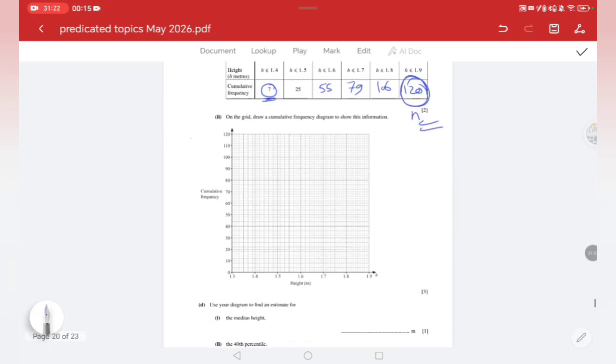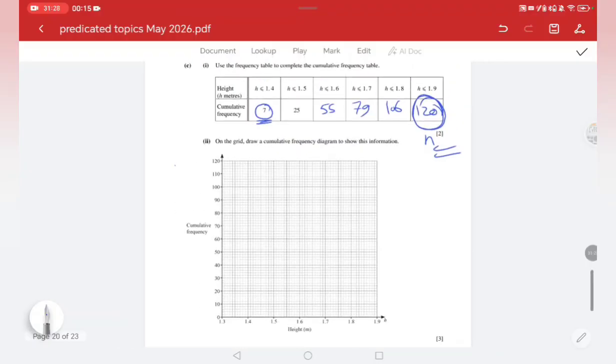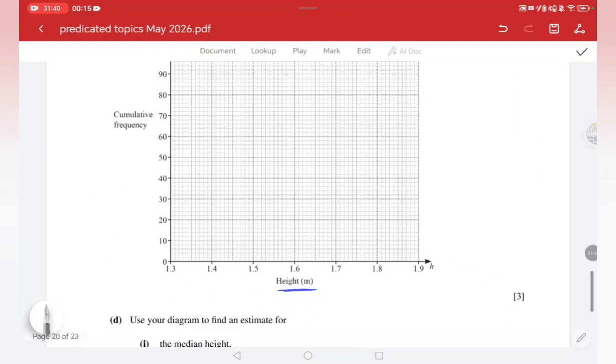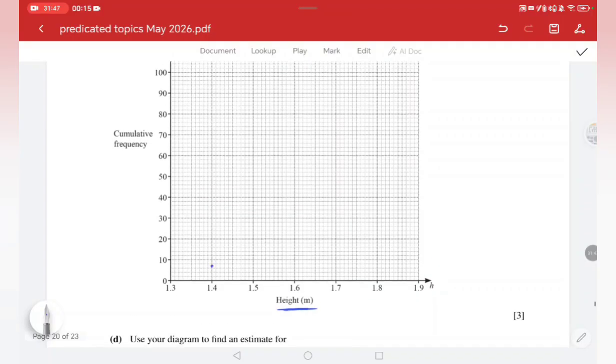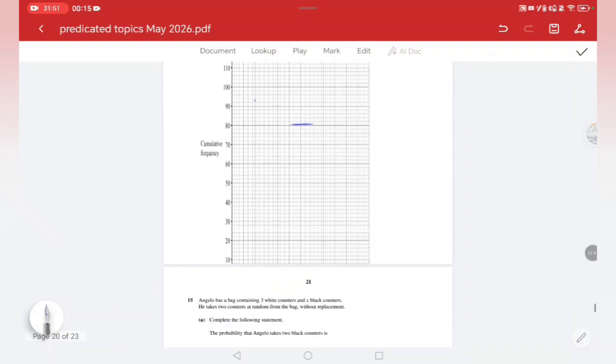Okay, now let's draw this one. Take care which one is x and which one is y. So the height is here on the x-axis. So 1.4 and 7. Where is 7? So this one 2, 4, 6, 8, so 7 should be something like here. Then what else do we have?